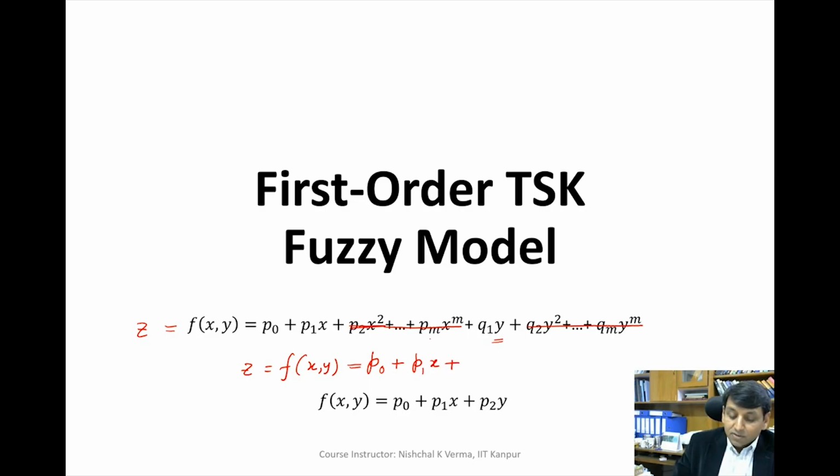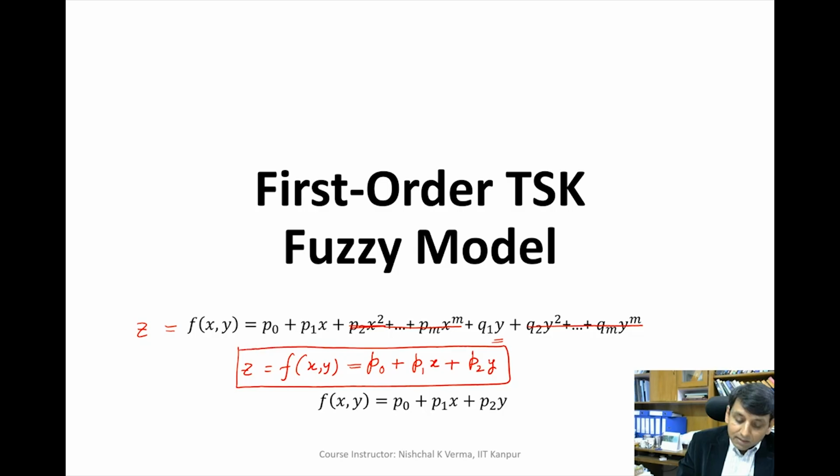But since there is no other variable, I can write here p2 y. So the first order TSK fuzzy model will have the consequent part, that means the output, of this form for two inputs. If we have only one input, then obviously this y term will go away.